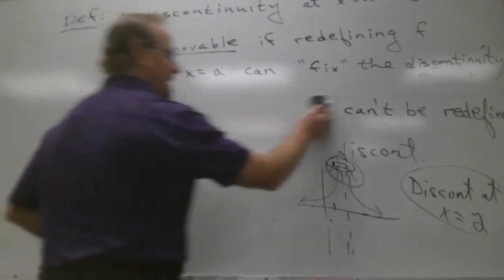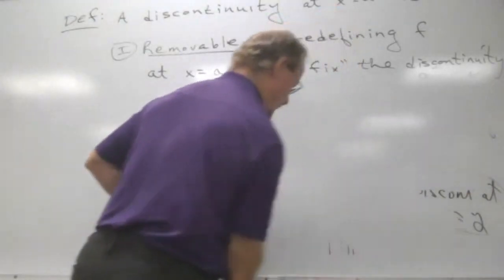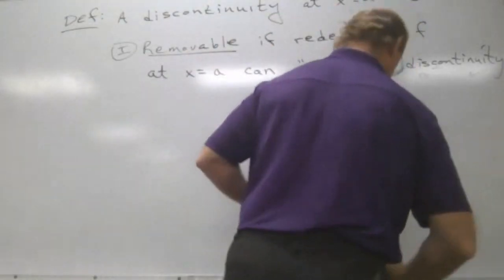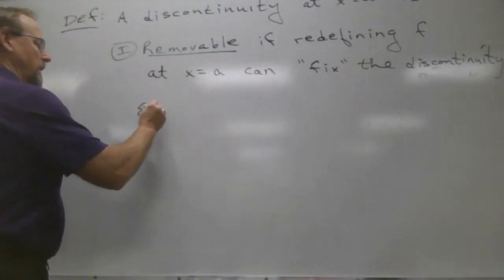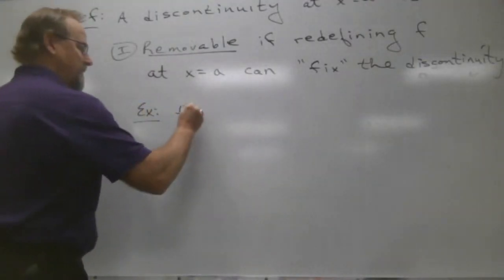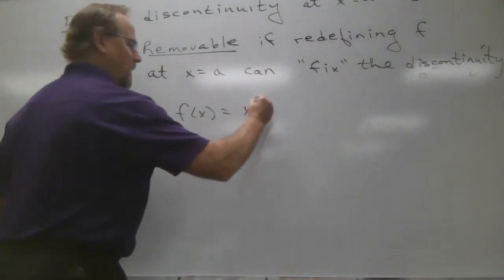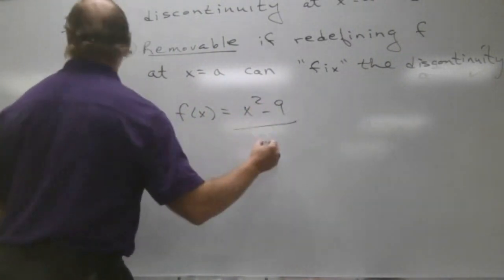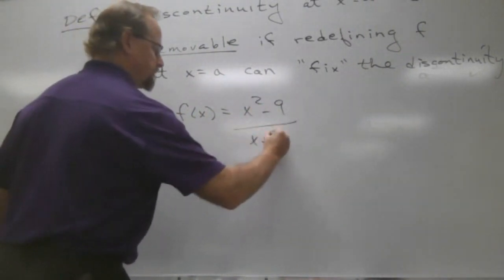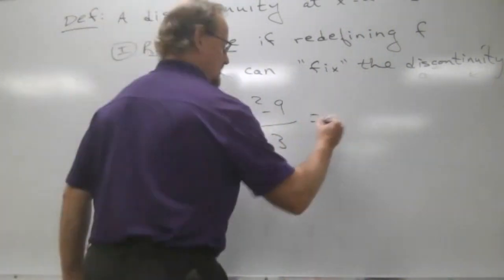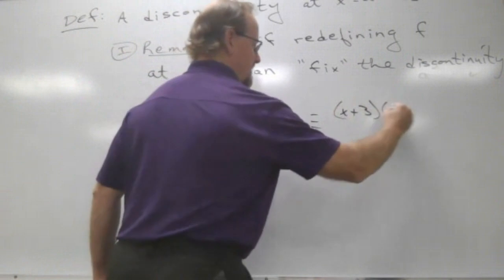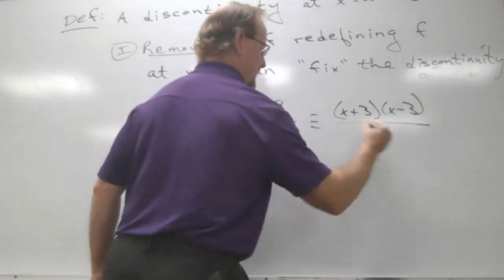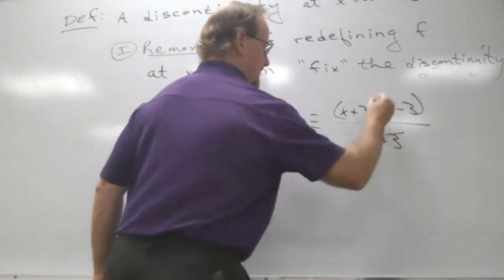Let's go back and look at the example we were looking at before. For a removable one, we had f of x equals x squared minus 9 over x plus 3. This is equivalent to x plus 3 times x minus 3 over x plus 3, and these cancel out.